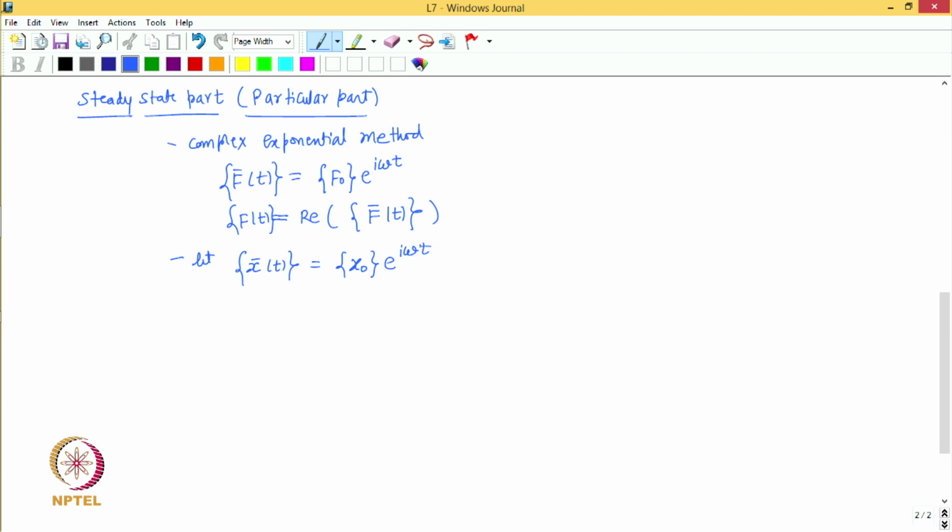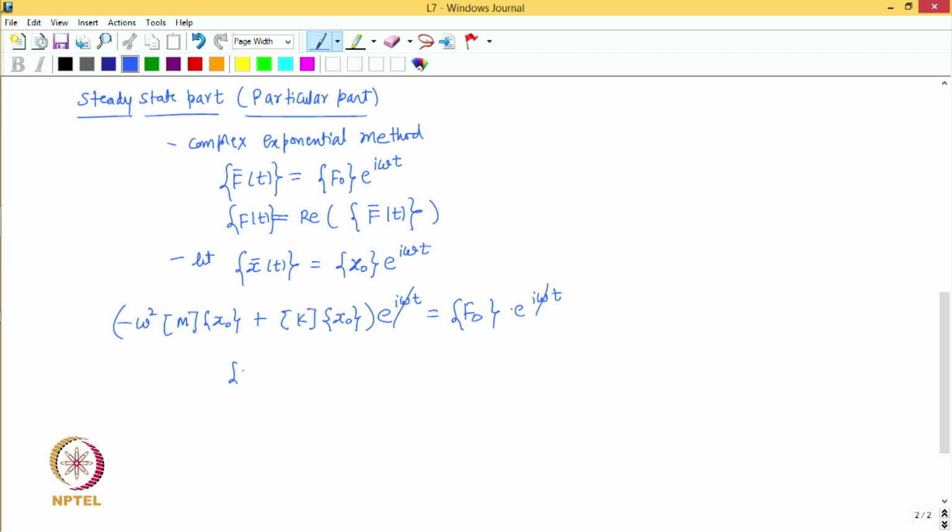This is what we assume, and now we substitute these into the equation of motion. Then what do you get? We get minus omega square M x naught plus K x naught, times e to the power i omega t, is equal to F naught e to the power i omega t.